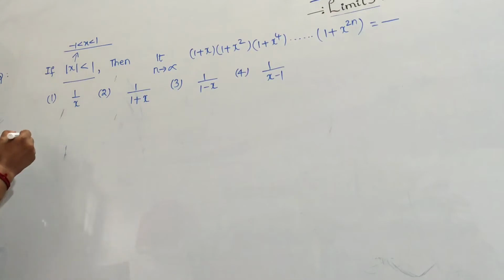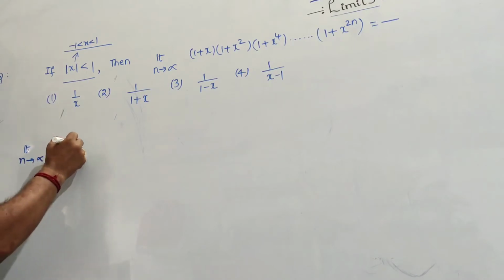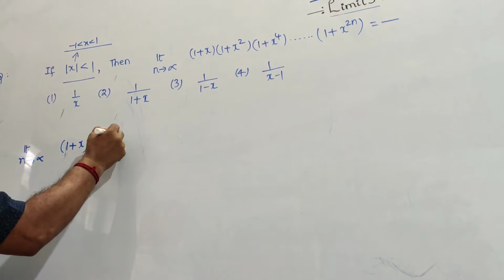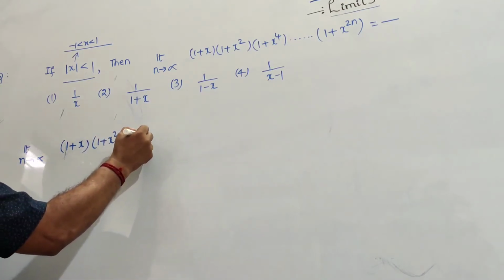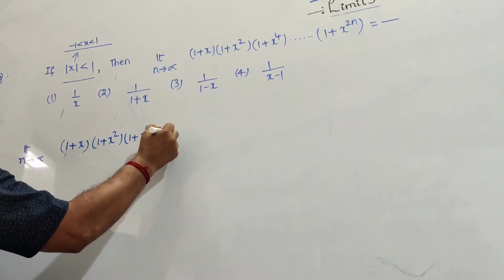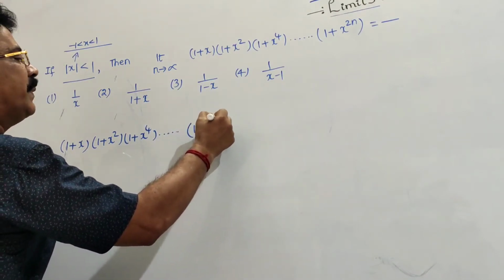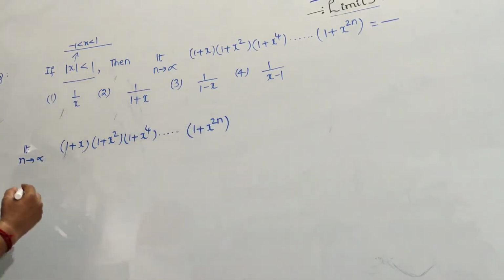Okay. The given question is the limit as n tends to infinity of (1 plus x) into (1 plus x square) into (1 plus x to the power of 4) and so on into (1 plus x to the power of 2n).